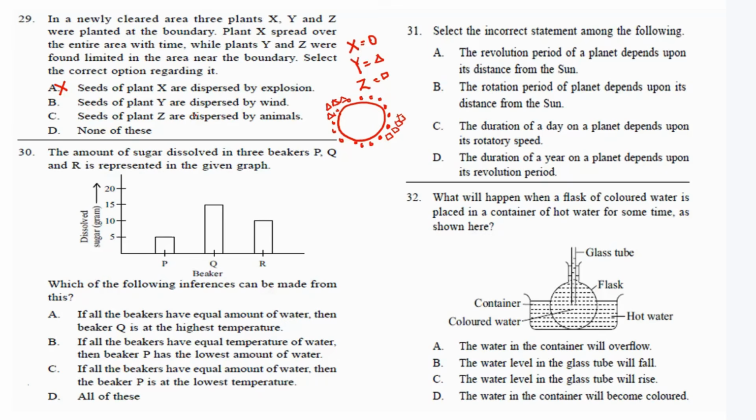If it is dispersed by wind, it should go to broader places, and we can see Y is in one place. So this is also not possible. Option C says seeds from plant Z are dispersed by animals. Animals are moving from one place to another. So if Z is dispersed by animals, it should not be confined to one place. So this is also wrong.